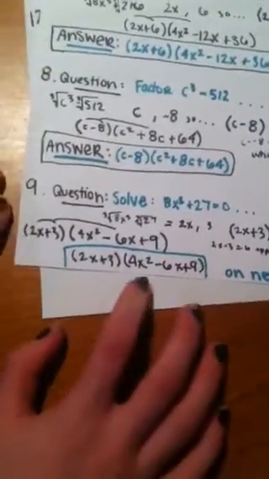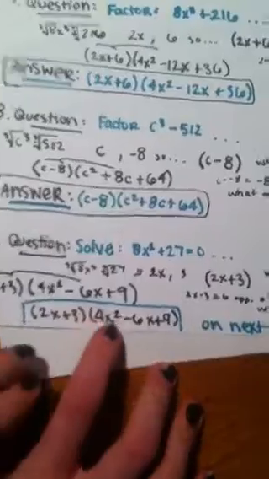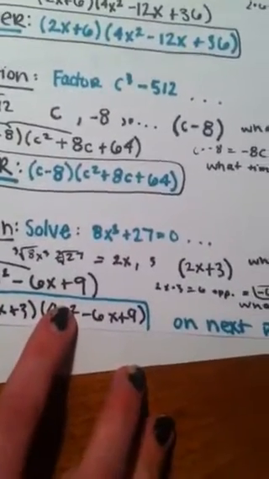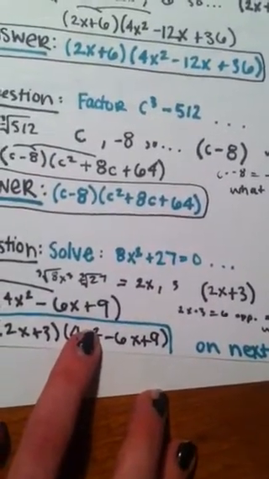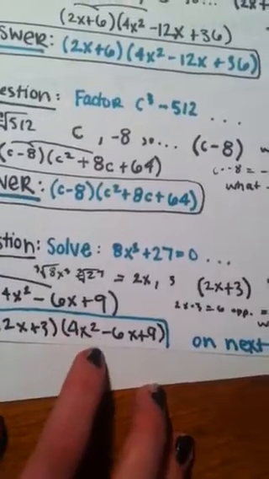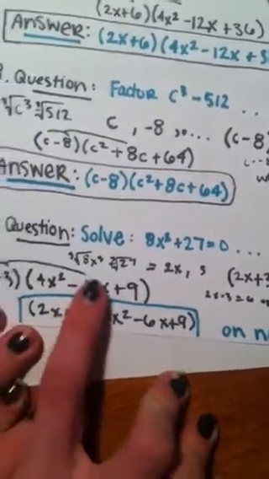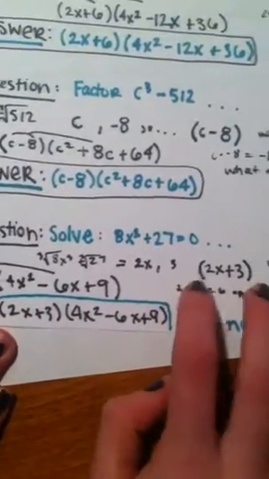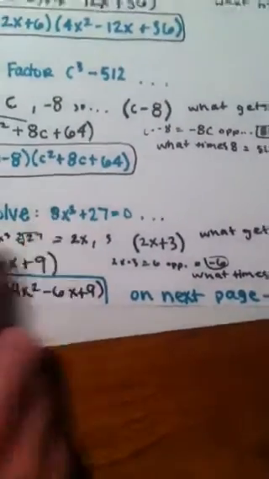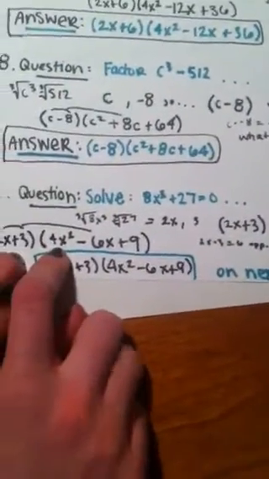The next question is number 9, and it's similar to the last questions, except then you have to solve to get what x is equal to. So you start out again with finding the cubed roots, which is 2x and 3. Put those in parentheses. Then you have to find out what gets you your original 8x cubed, which is 4x squared.